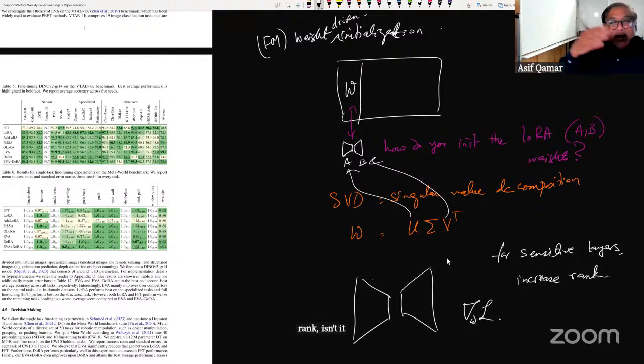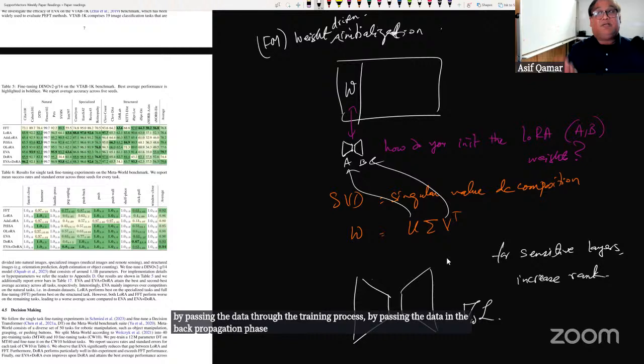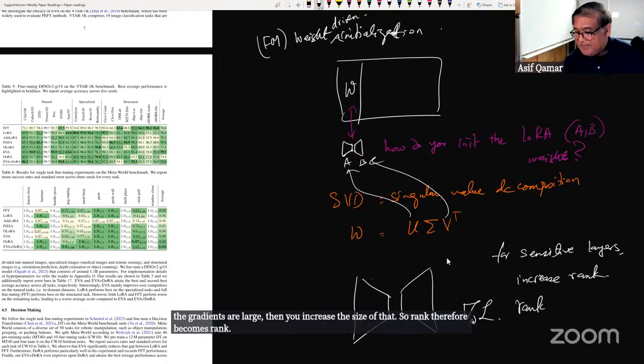You do it by passing the data through the training process, in the backpropagation phase, by observing what the gradients come out to be. And if the gradients are large, then you increase the size of that.